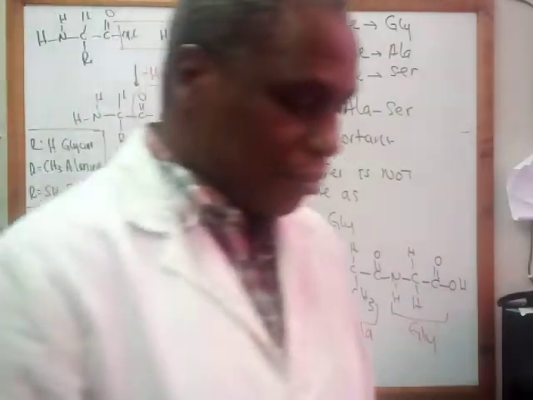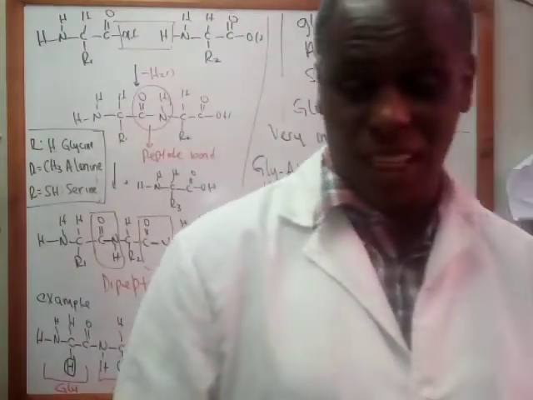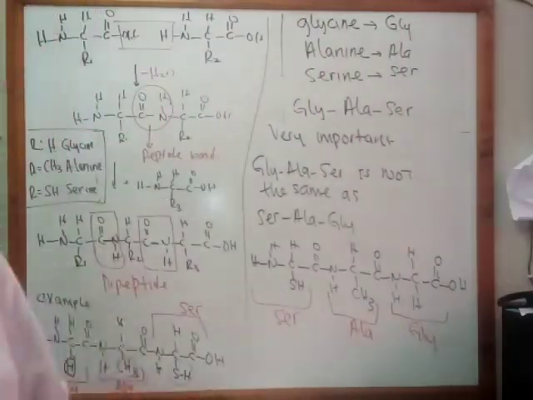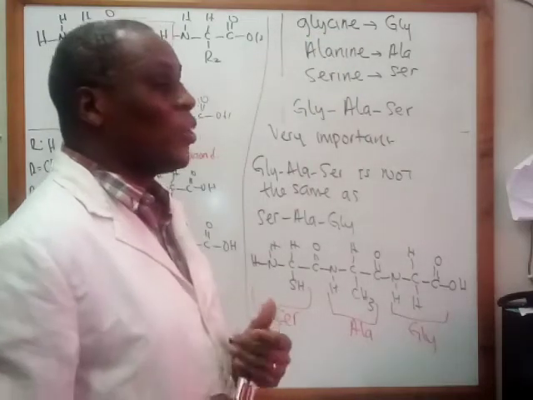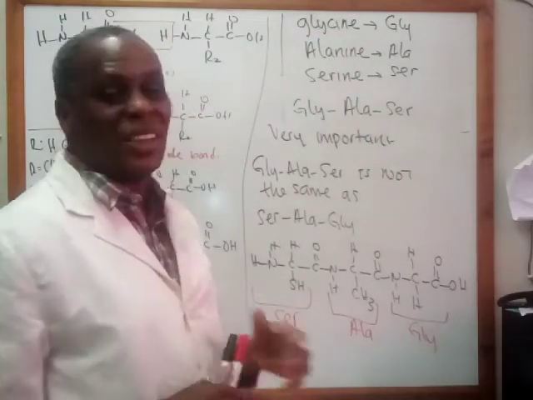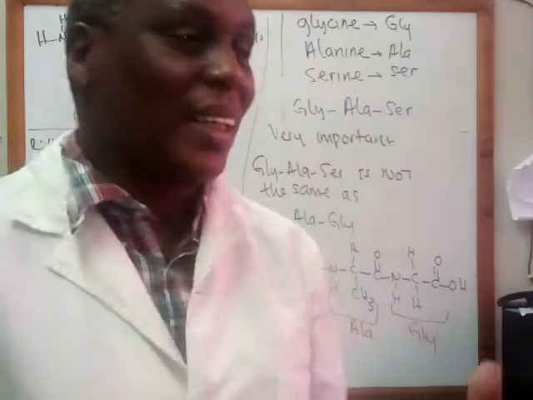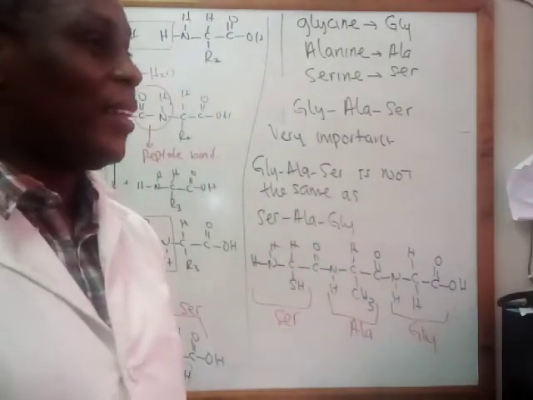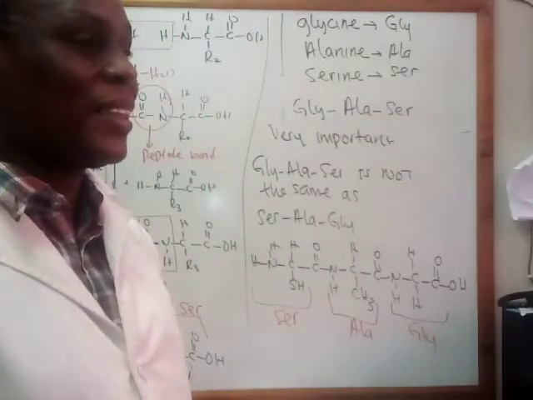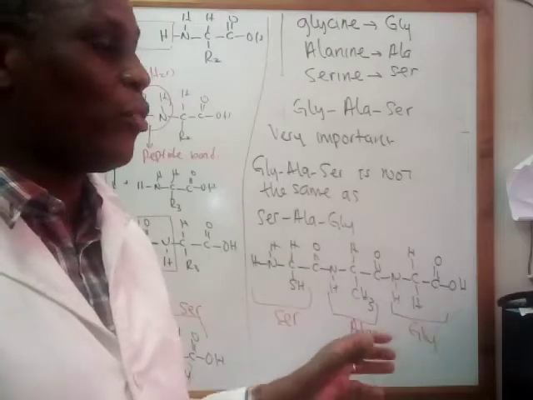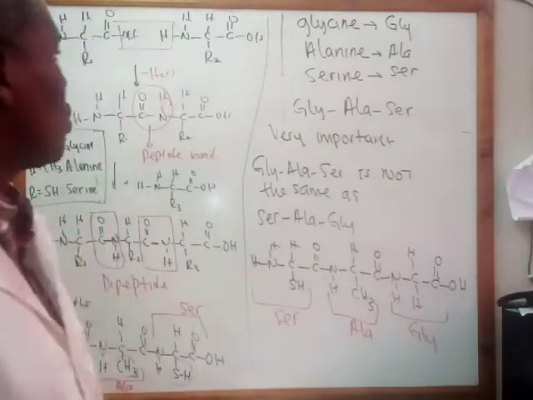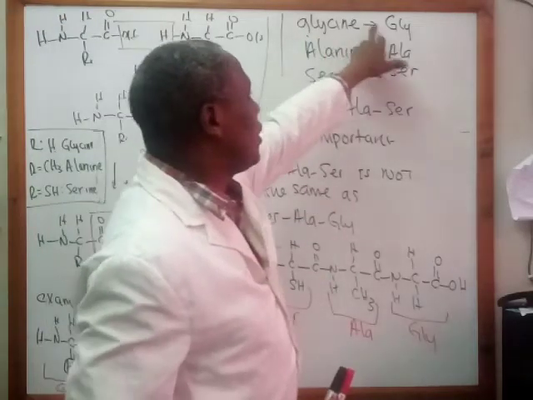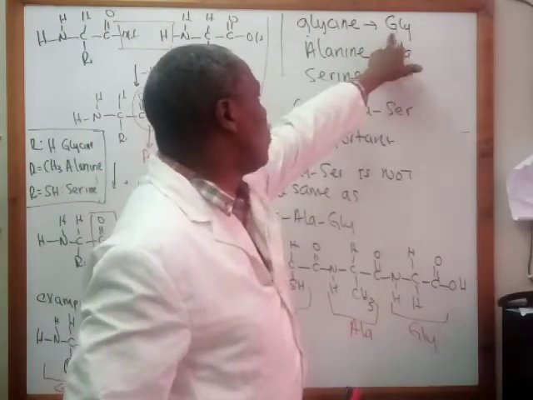Now, scientists like shorthand, and they don't like showing the full name. So in your notes, you're going to see the three-letter shorthand for all the 20 amino acids. Glycine is called by the common name GLY.